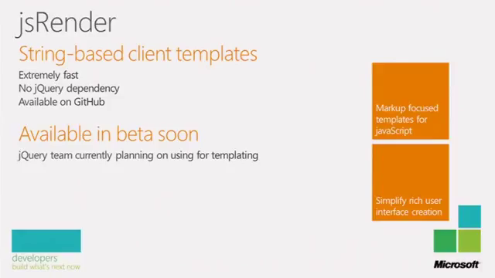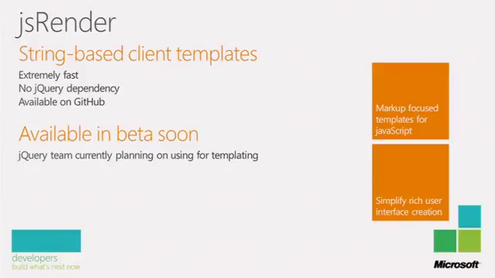And so they kind of put forth their ideas for what would happen with a grid, what the requirements were for a rich grid, and what that meant for the supporting libraries like templates and linking. And so based on that, primarily a person at Microsoft has been working on an update to the templating and the linking libraries. And JS Render is the library today that is kind of the new version of the templating.